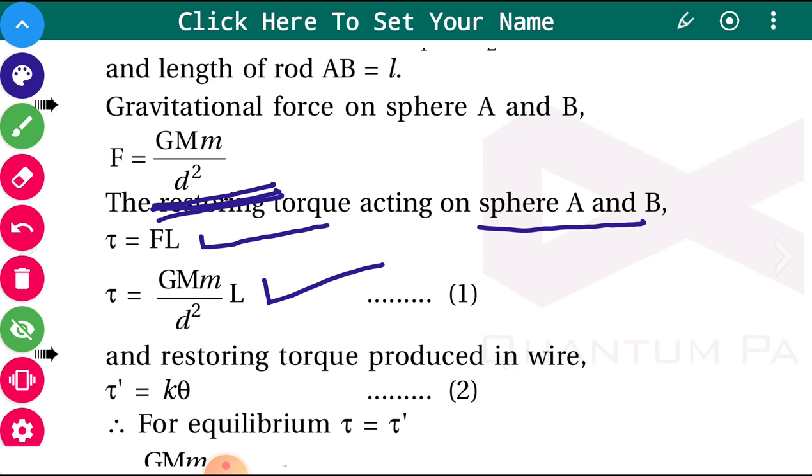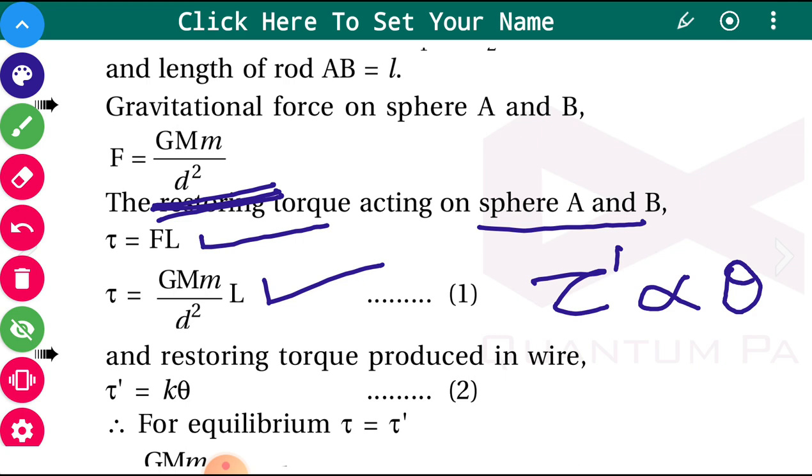That is why it must have some restoring torque, and the restoring torque, say tau prime, is directly proportional to the angular displacement theta. More the twist, more the restoring torque.